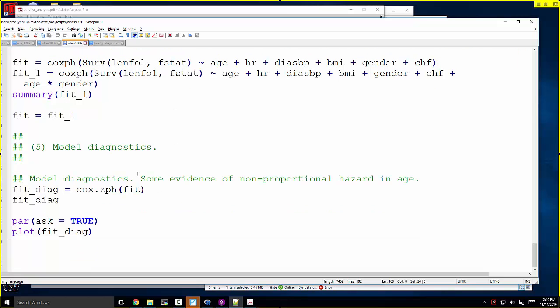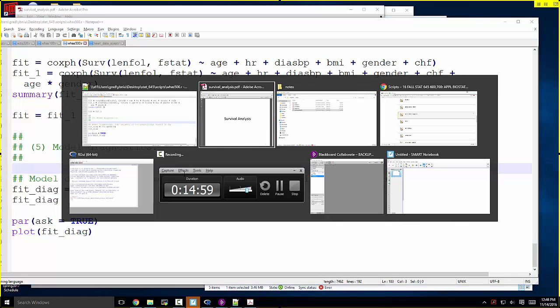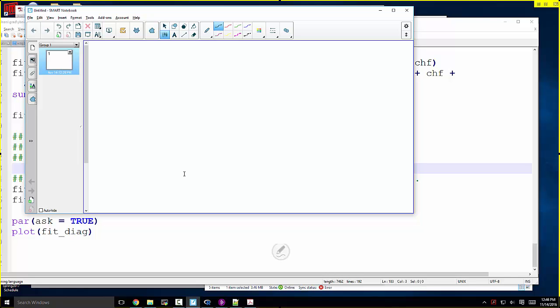And then the other check that we need to do with Cox models is with respect to the proportional hazards assumption. For every covariate in the model, the Cox model is making an assumption.